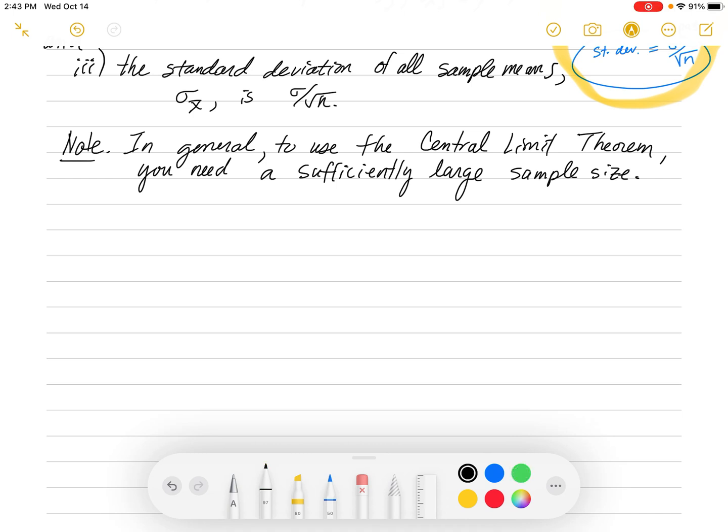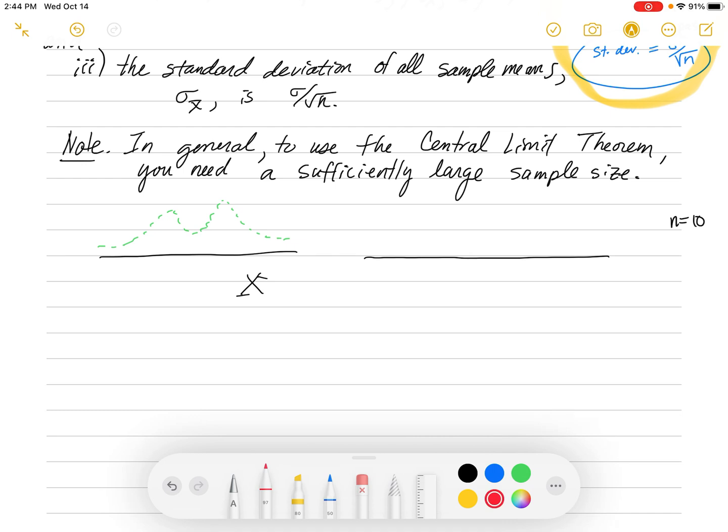So for example, let's say my original distribution, X, looks something like this. And let's say I take a sample size of 10. Sample size of 10.